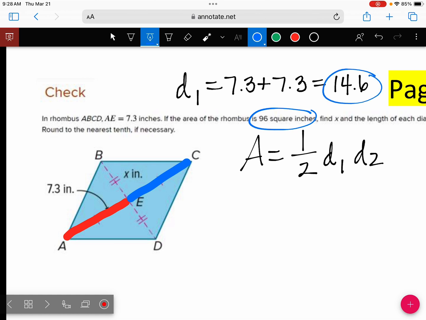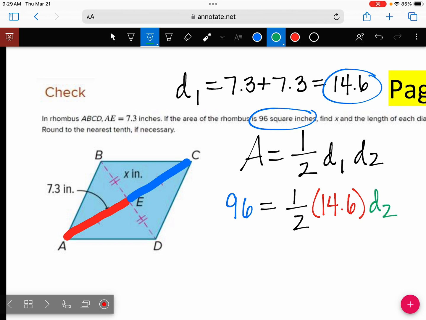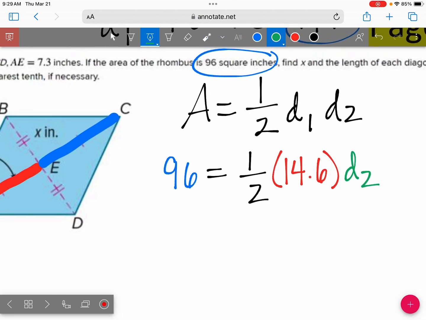And we know diagonal 1. So let's go ahead and substitute in these numbers. Area is 96. That equals 1/2. And then that would be 14.6 times diagonal 2. So again, in your calculator, go ahead, type this in to see what this number is.